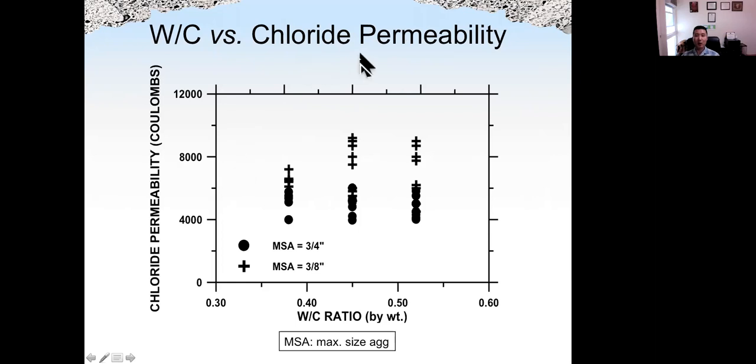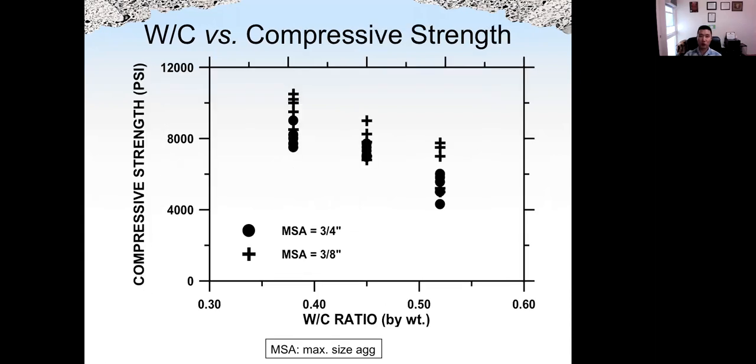Here it shows how permeability is affected by water cement ratio. Okay. What we can see here is that if we increase the water cement ratio, the permeability tends to increase. Okay. But the correlation is not as strong as the one between water cement ratio and strength.